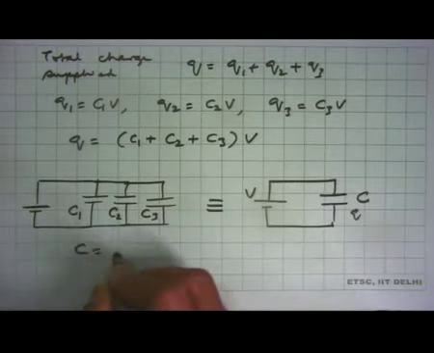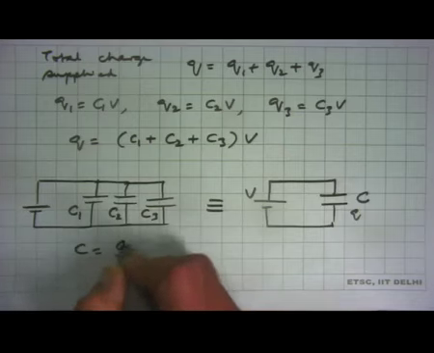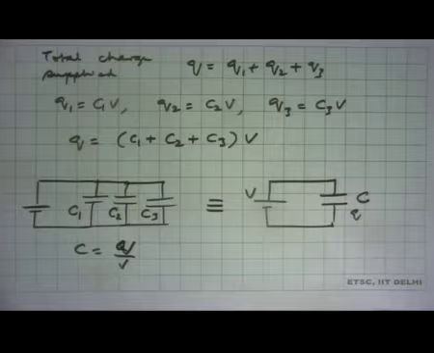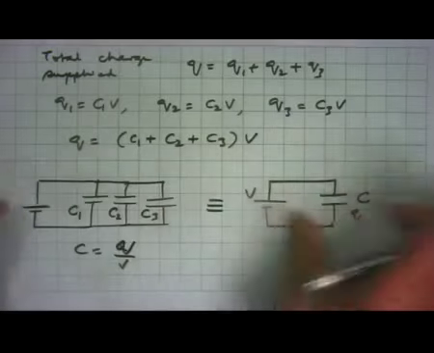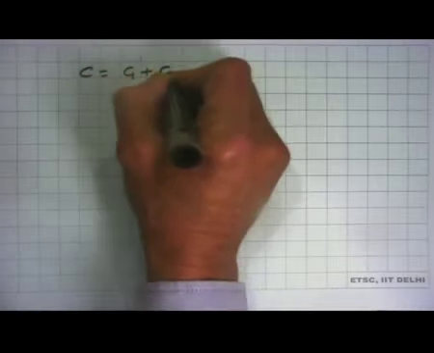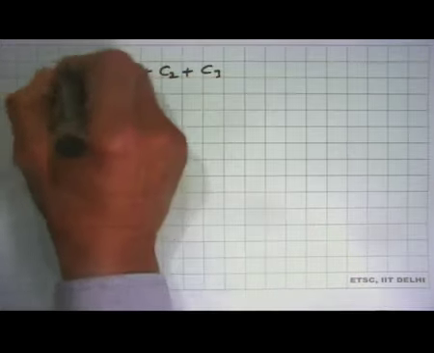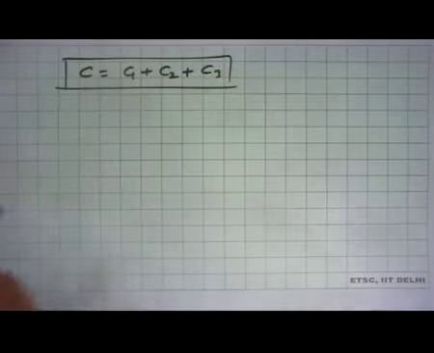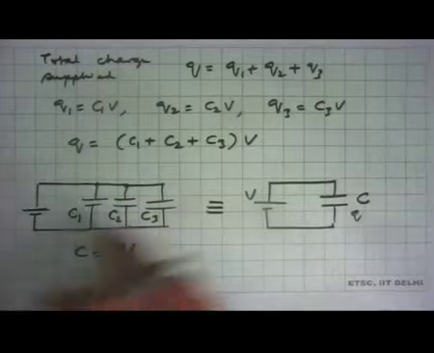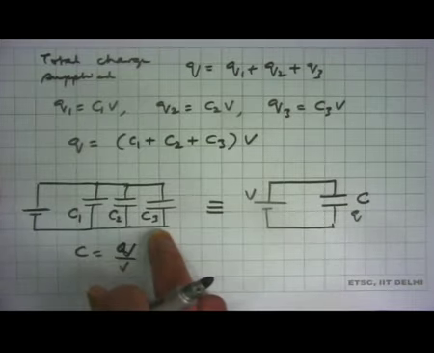So, C must be equal to q by V. So, I can use these two equations to get the equivalent capacitance C as C1 plus C2 plus C3. So, when I connect three capacitances in parallel, the total capacitance is C1 plus C2 plus C3.